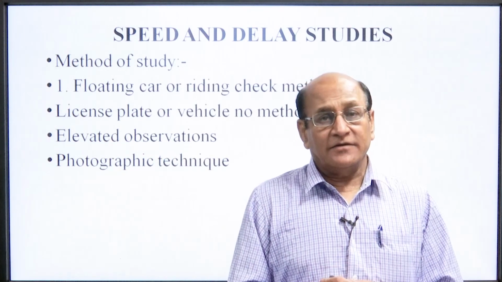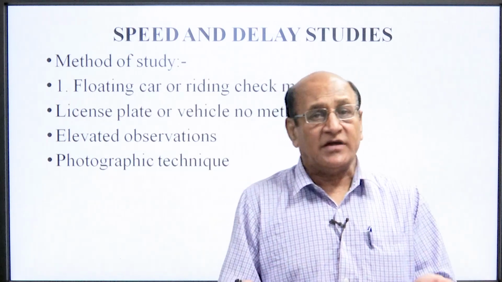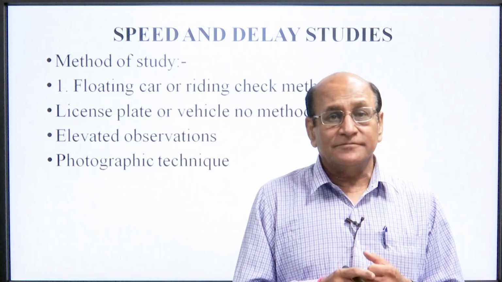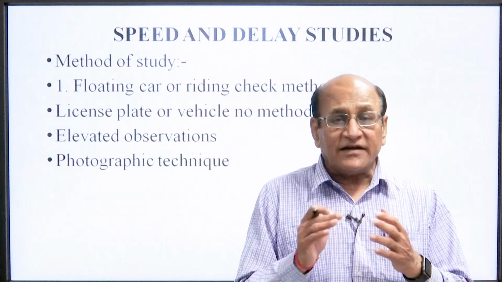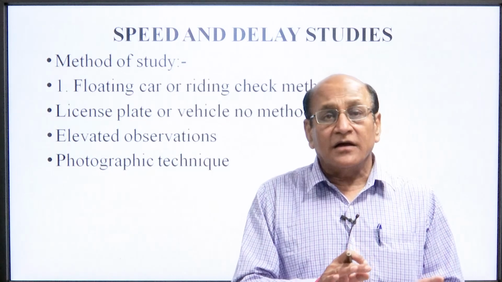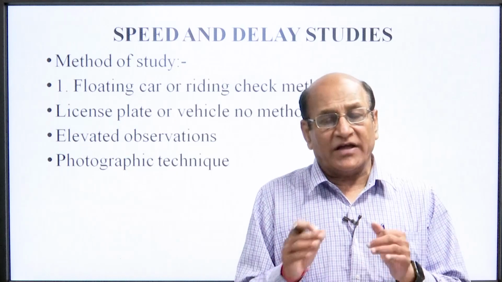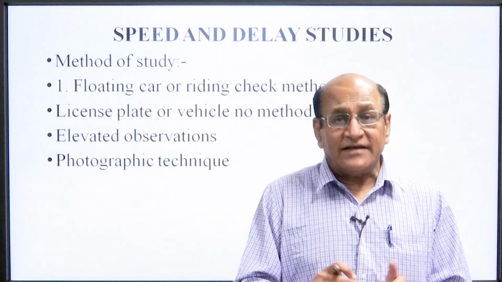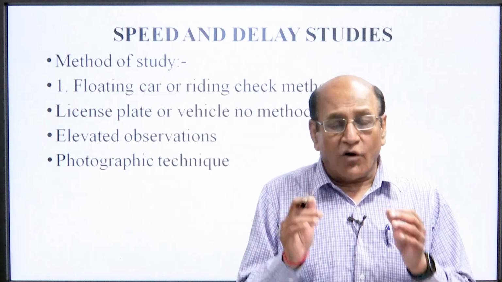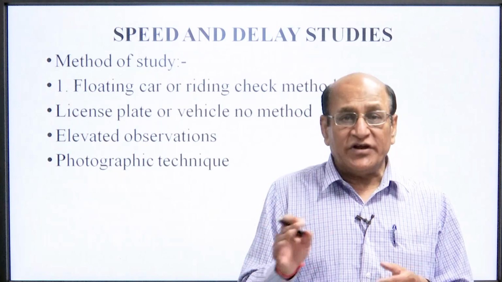The second person, there may be four or five depending upon the information collected. The next person will sit there and collect data on how many vehicles have overtaken your vehicle or how many vehicles your vehicle has overtaken. This could be counted by the person sitting in another car.